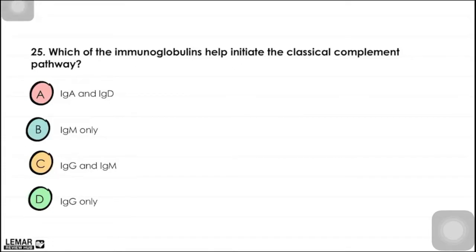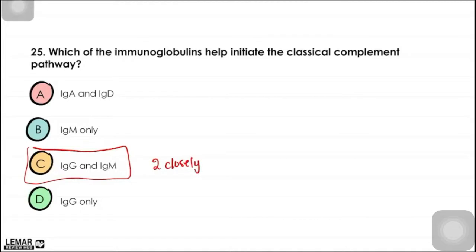So your classical complement pathway can be initiated by immune complexes. And this is achieved through which of the following immunoglobulins? In this question, the answer is IgG and IgM.